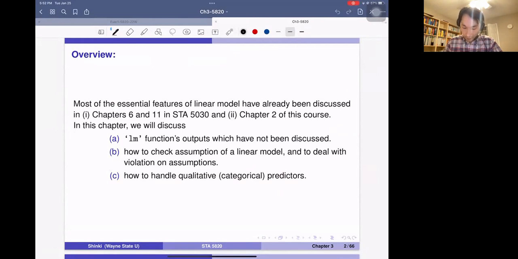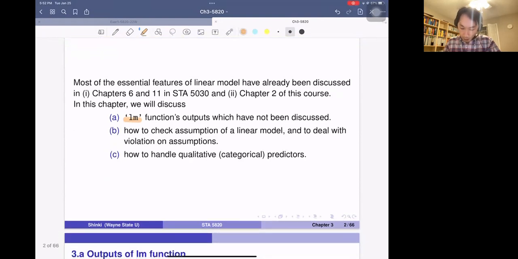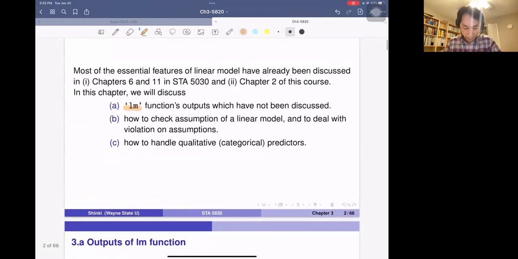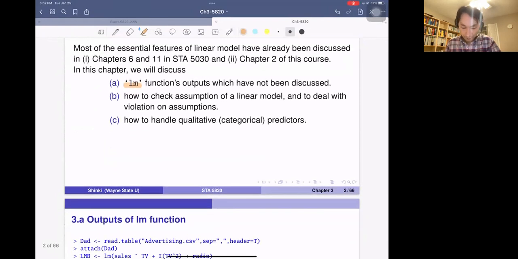In this chapter, we discuss the LM function's output. LM is the function in R to do linear regression, both simple and multiple linear regression. In 5030, we discussed most outputs, but some of them we haven't covered. So we review the ones we have already covered, and also study new ones.